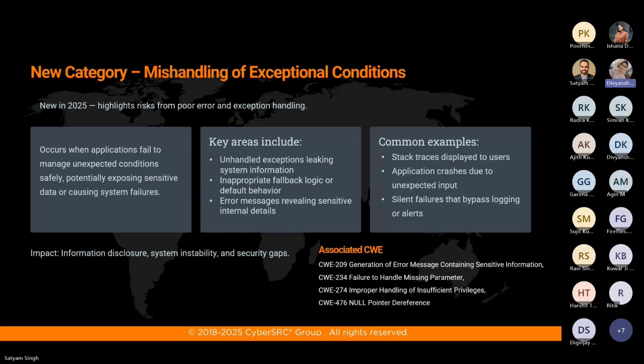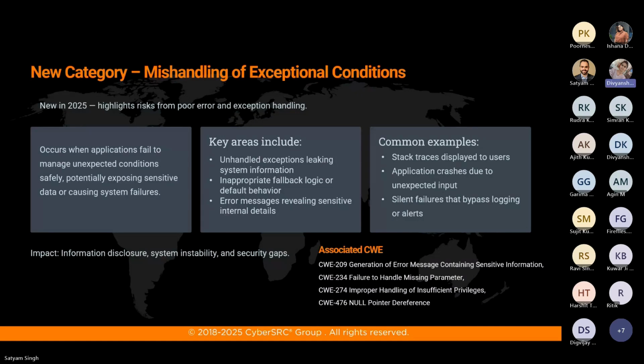Moving forward, CWE-476, the null pointer dereference. All these CWEs are mapped by the organization to mishandling of exceptional conditions in the OWASP Top 10. That's why it makes position number 10. These CWEs provide that information so that you can see what mishandling of exceptional conditions has as its backstory.